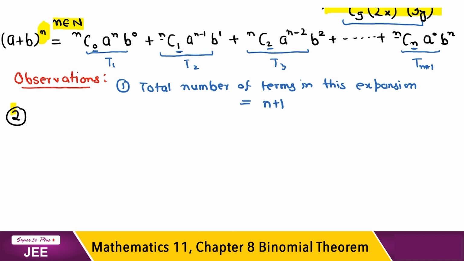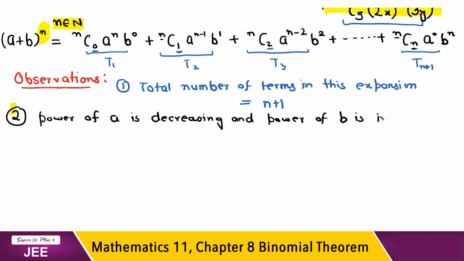Second observation: the power of a is decreasing and the power of b is increasing. Try to understand this observation: as we move forward from the first term to the second term, then from the second term to the third term, the power of a is getting reduced continuously by 1 unit.